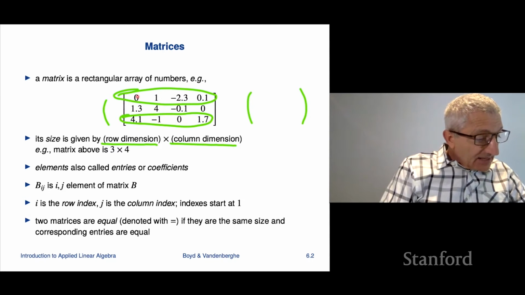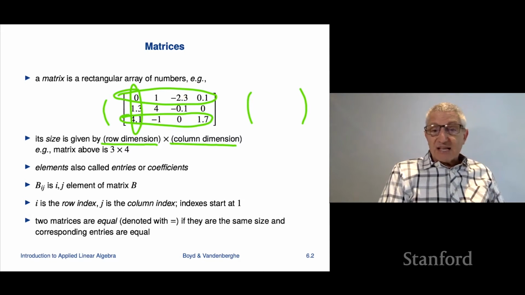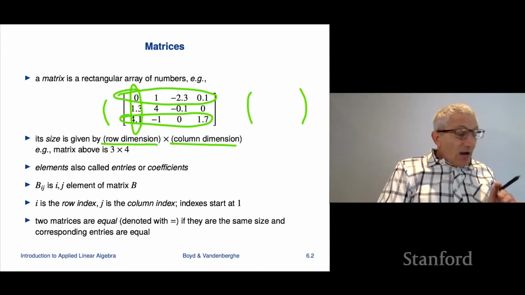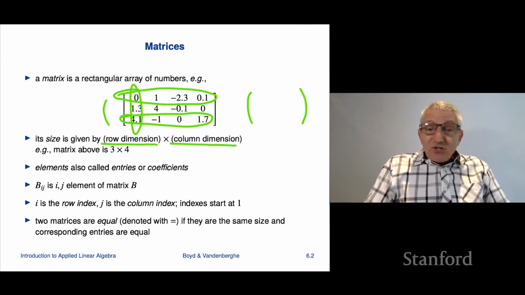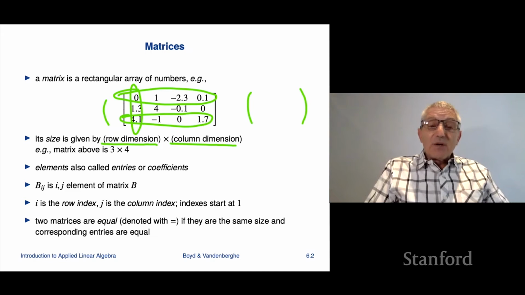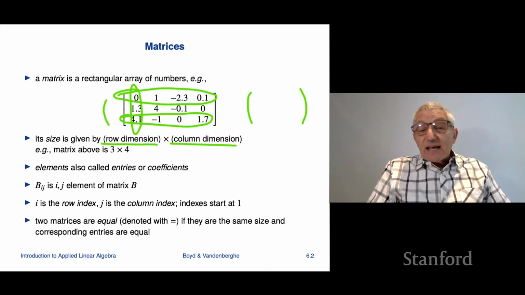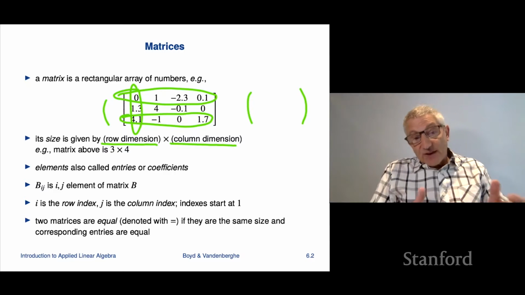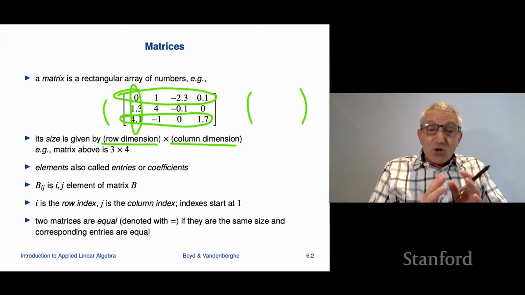And the column index is 1 here, 2, 3, 4, that kind of thing. That's how that works. Oh, I should mention that the indexes start at 1. That's an important distinction because in some computer languages, indexes start at 0. But in standard mathematical notation, for vectors and matrices, they're indexed starting from 1.